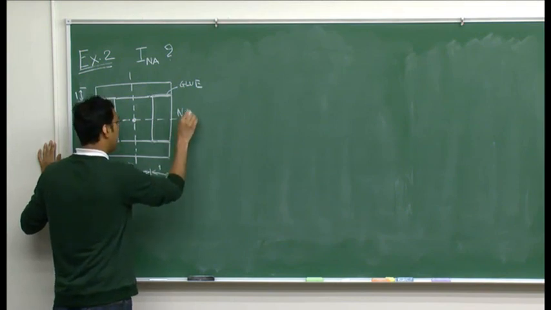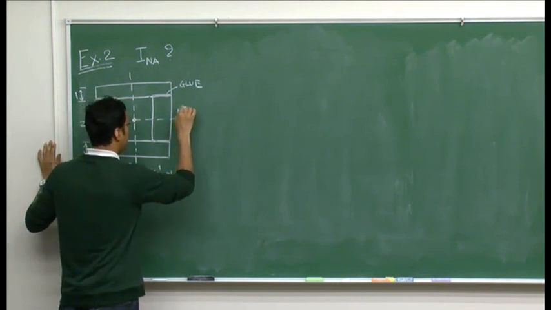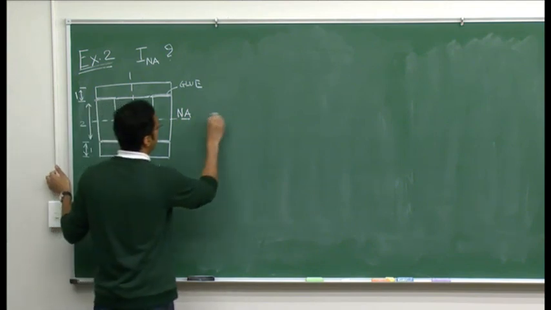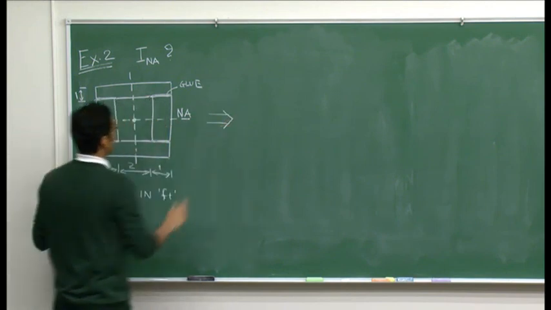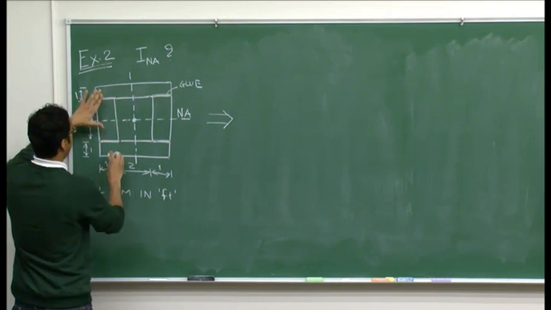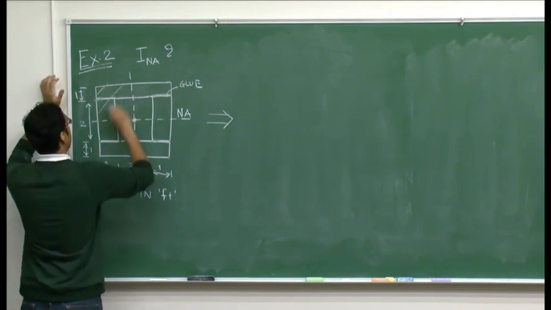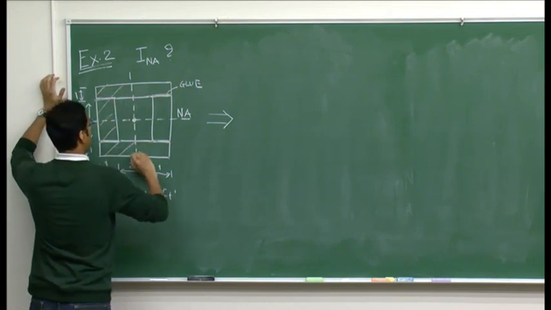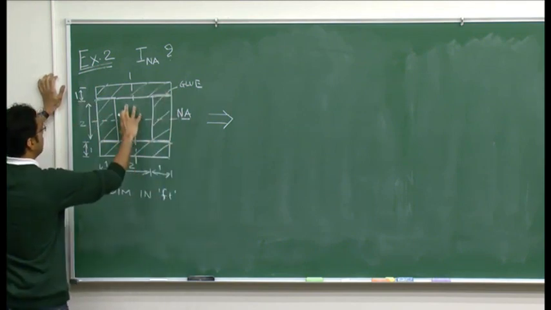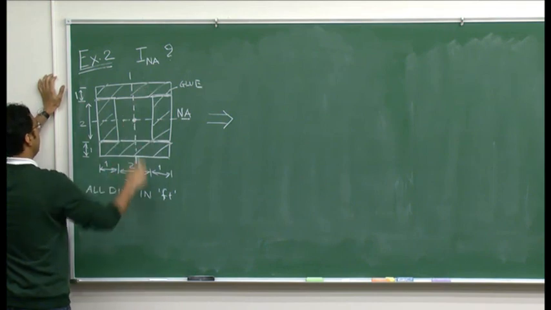So again, the centroidal axis is nothing but the neutral axis for a beam cross section. Now what we are going to do here is we are going to replace this box beam. You can see that there are wooden parts in this shaded region here. And this is hollow. There is no material in here.